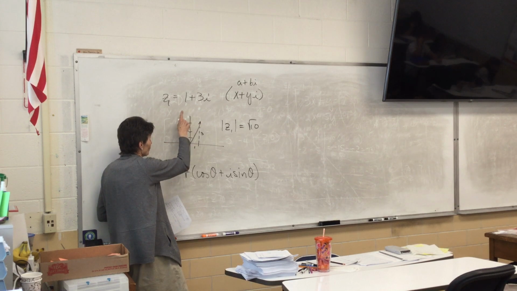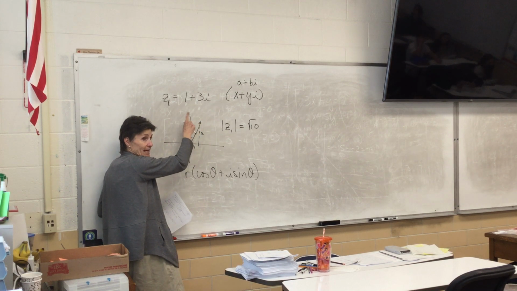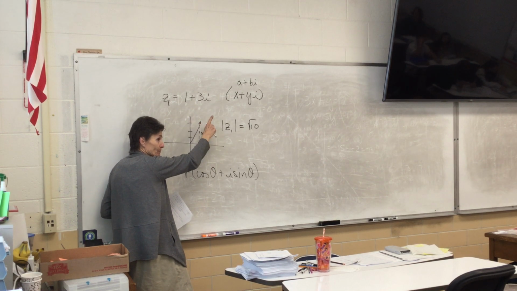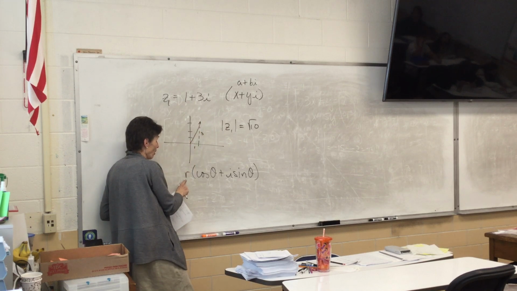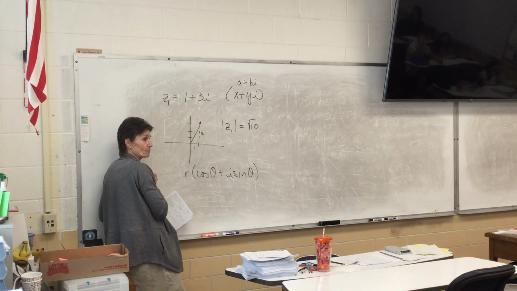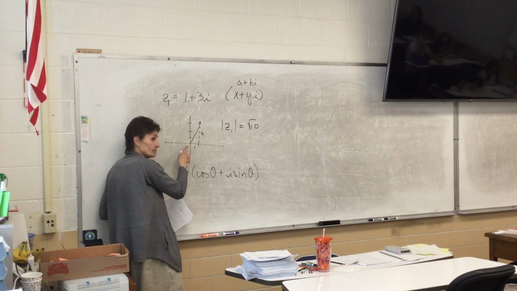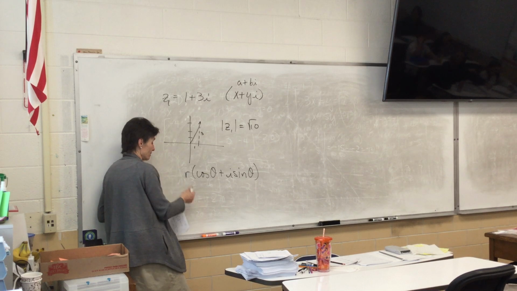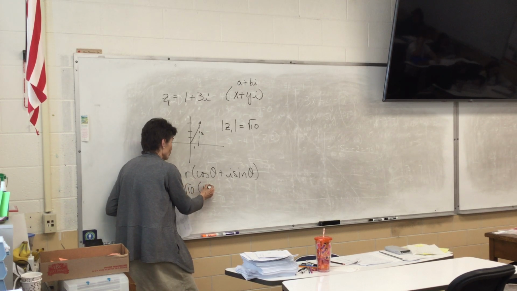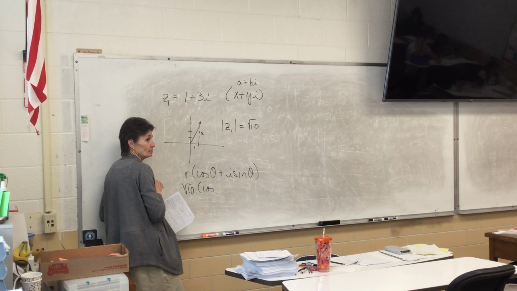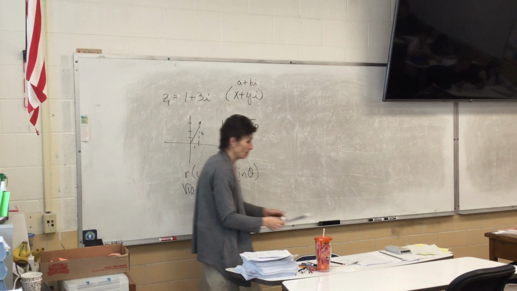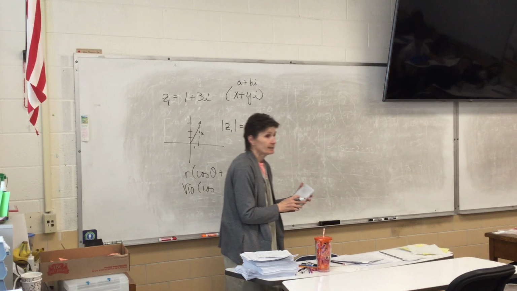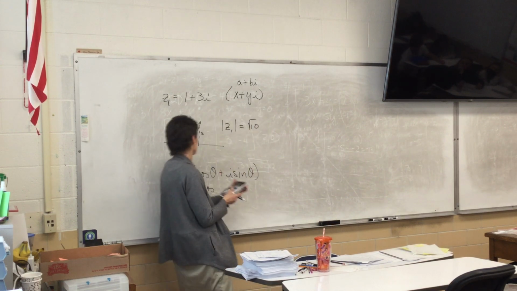For that number, which is in complex form or rectangular Cartesian form, could you find an R and a theta for that picture right there? Can you find R? Hint, you already did. What's R? Root 10. Could you find a theta for that? With your calculator, what would you type in? Second, tangent, 3.